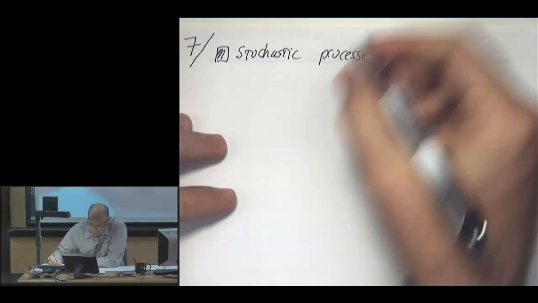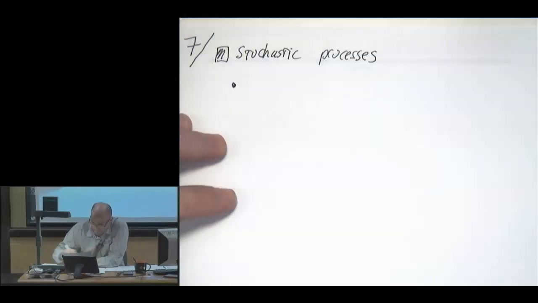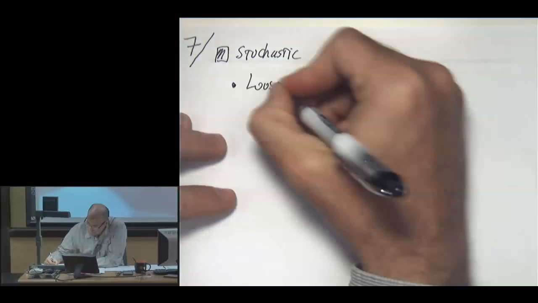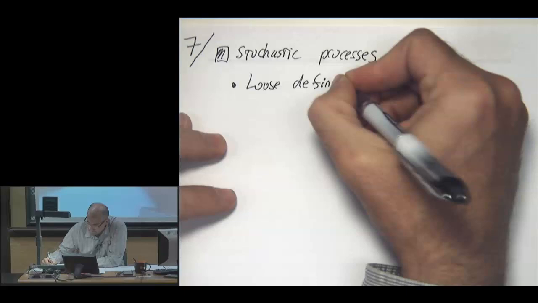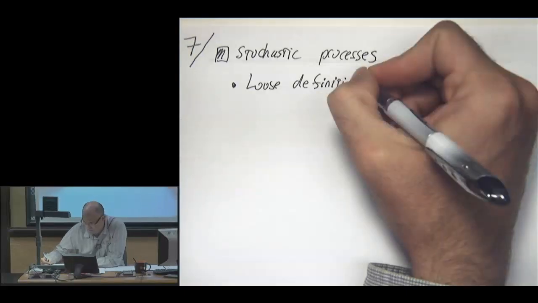So first of all, I'm going to give you a loose definition. I'm never going to give you truly formal definitions of everything here, because that in itself is several weeks of class.